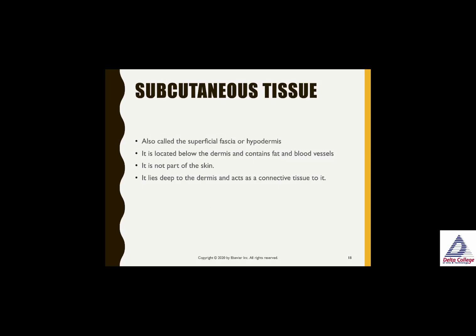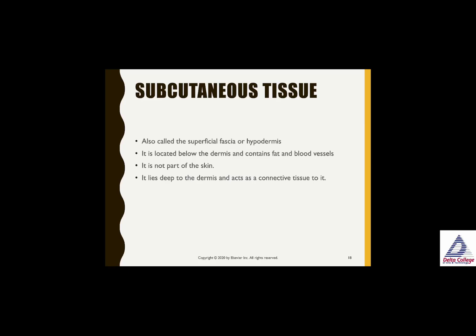Now, below the dermis is the subcutaneous tissue. I just said that there is some fat and some blood vessels that start at the bottom of the dermis, but most of our fat and blood vessels are found in the subcutaneous tissue layer. It is also known as the superficial fascia or the hypodermis.